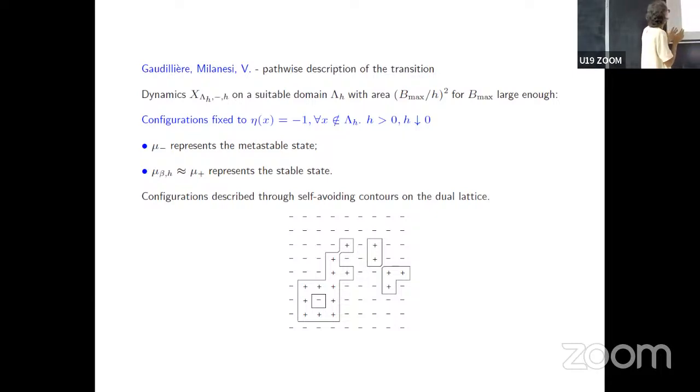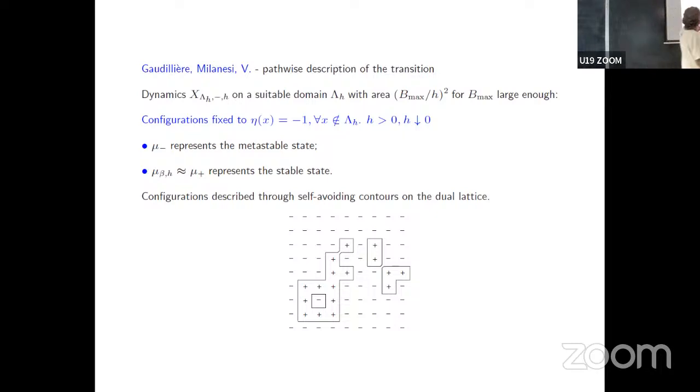If we want to do that, we realize we cannot do it in infinite volume, because in infinite volume, a critical droplet appears somewhere, because even if the probability is very small, somewhere it appears. So in order to do it, you need to take the volume going to infinity with h in a proper manner, with h going to zero, and temperature fixed. And that's what we do.